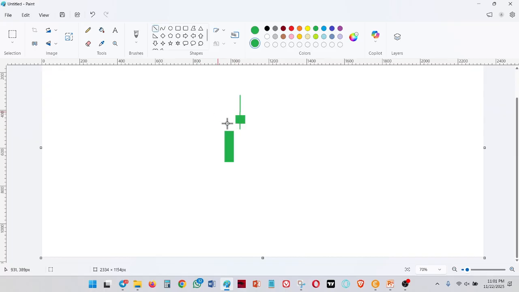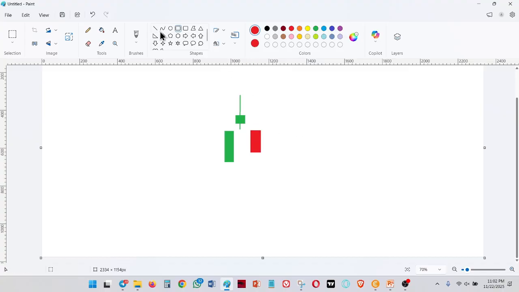Like I said, it doesn't matter whether it's a red candle or a green candle, but what we want to watch is the next candle that forms after it. It doesn't matter whether it's a small candle, bigger candle, shorter one, whatever. What we want to see is that the next candle that will form after it should be a candle in the opposite direction, a red candle.